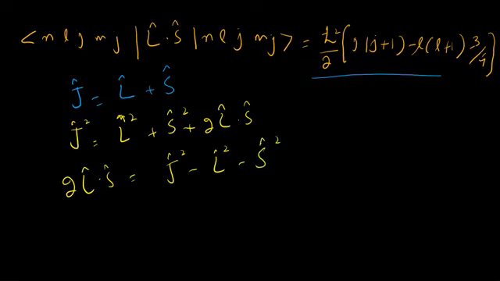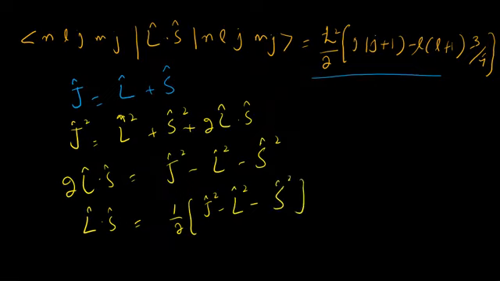So L dot S is equal to 1 by 2 into J squared minus L squared minus S squared.